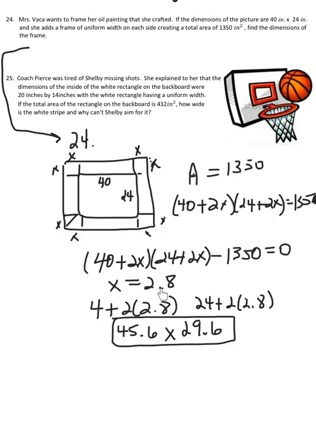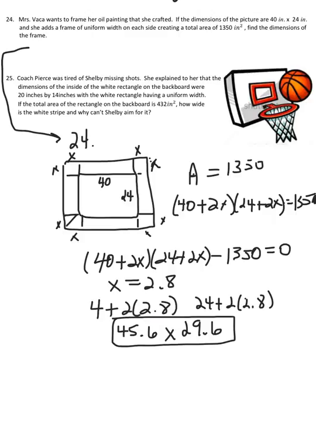If I plug 2.8 in for x, that will give me the length of the long side, which is 40 plus 2 times 2.8, which is 45.6, and then the length of the shorter side, which is 24 plus 2 times 2.8, which gives me 29.6. So the dimensions of the entire frame are 45.6 by 29.6.